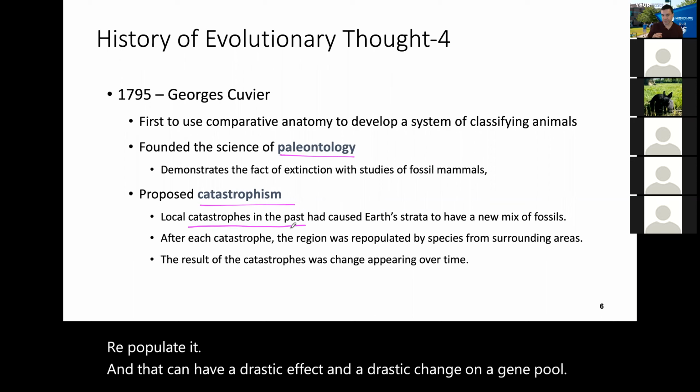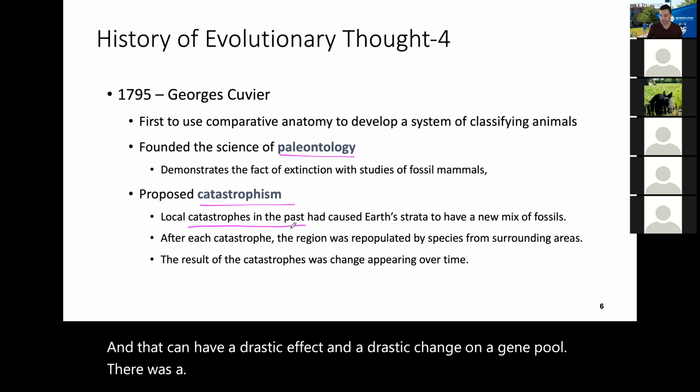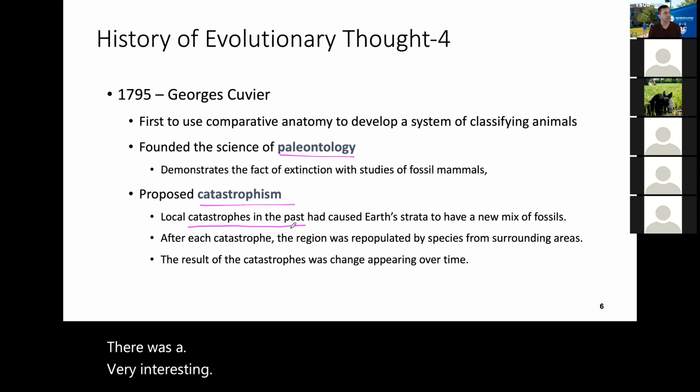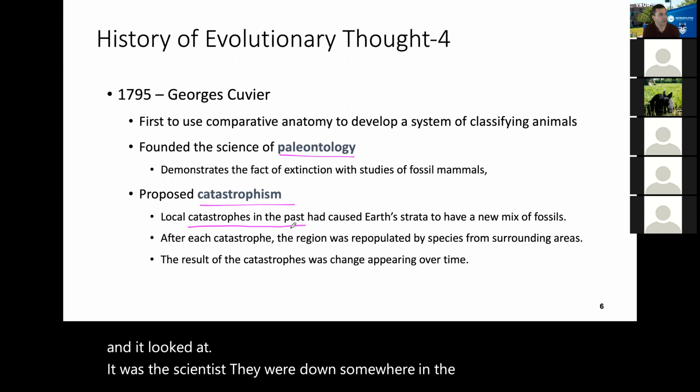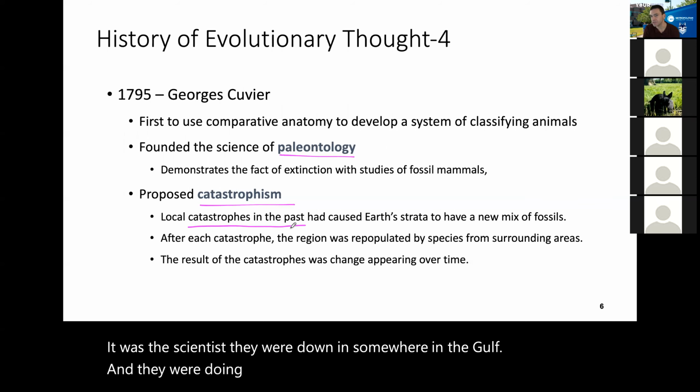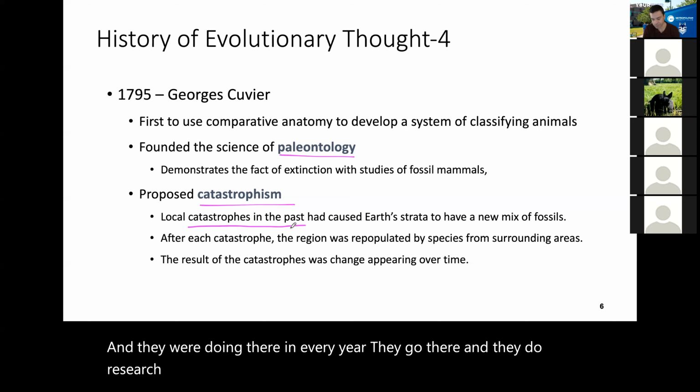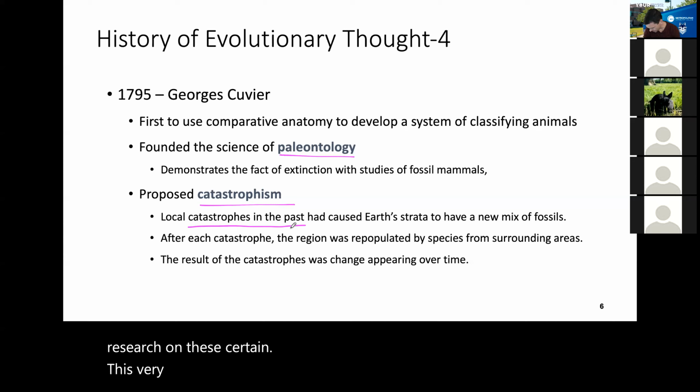There was a very interesting article. I think it came out last week. It looked at these scientists, they were down somewhere in the Gulf. Every year they go there and do research on this very small component of the food chain down there.